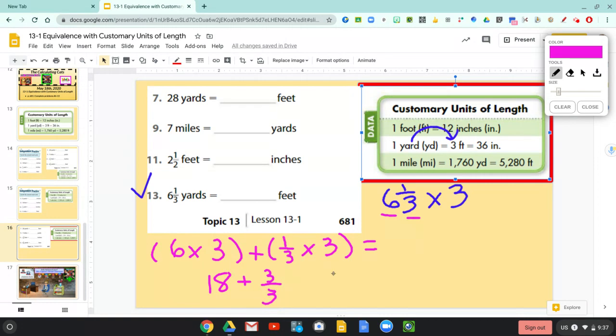When the numerator is the same as the denominator, that fraction equals, I know you're saying it out loud, 1. So this is 18 plus 1, and 18 plus 1 equals 19. So 6 1/3 yards equals 19 feet.